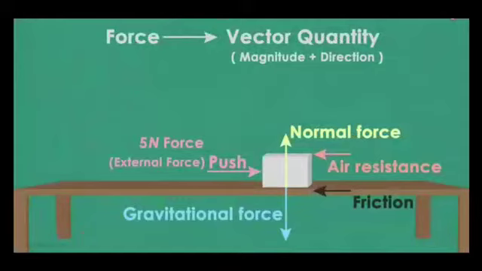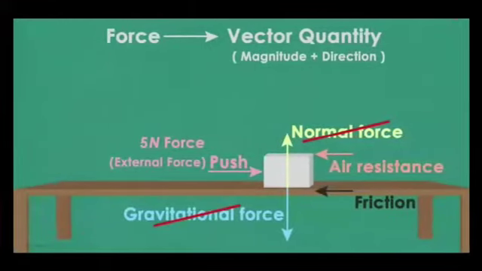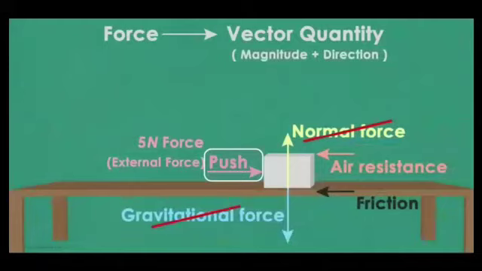Then why did the object move towards the right side? Here, the upward and the downward forces cancel each other. The object moved towards the right side because the force of 5 Newton is more than the sum of air resistance and frictional forces which were acting towards the left.